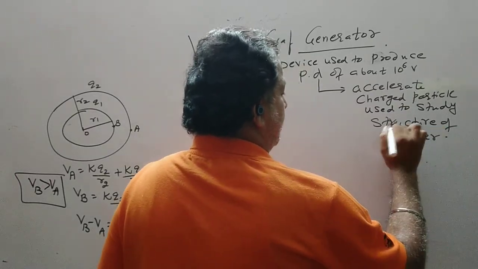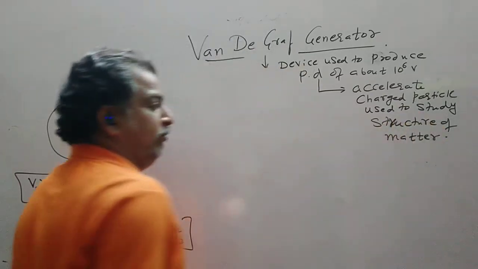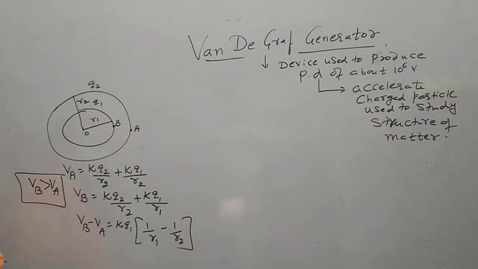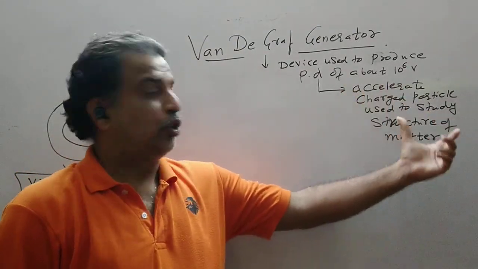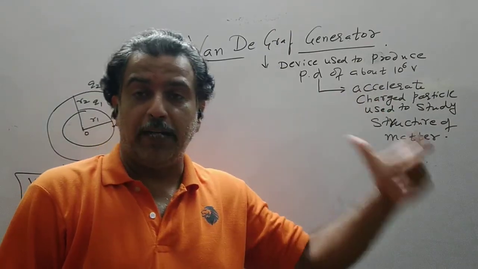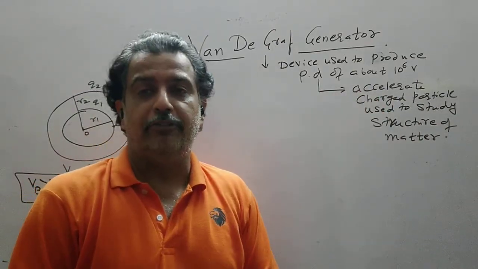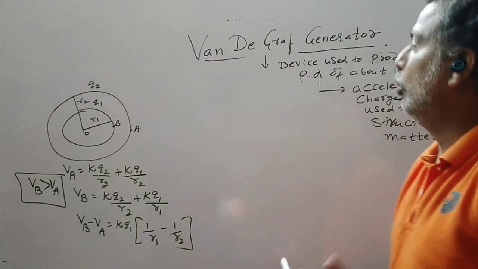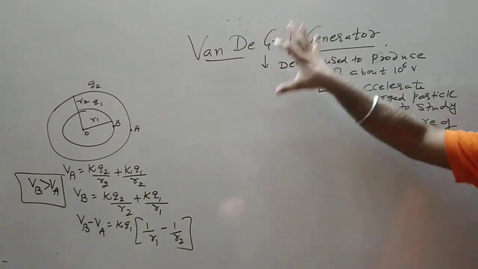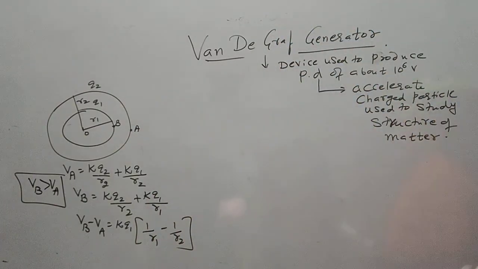There are many experiments where we need an accelerated charged particle. In order to accelerate a charged particle, we need a potential difference of say a few million volt. Then the Van de Graaff generator can produce this potential difference.